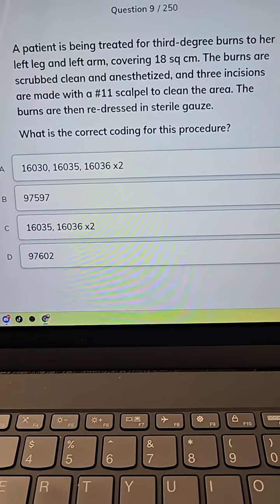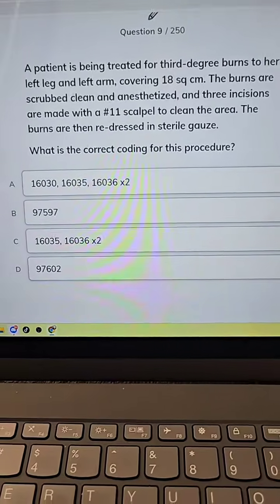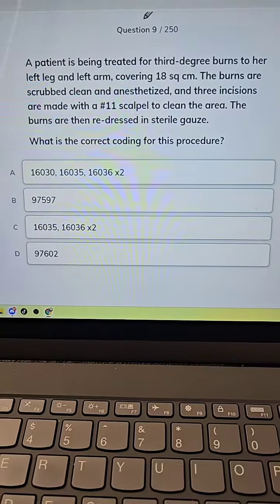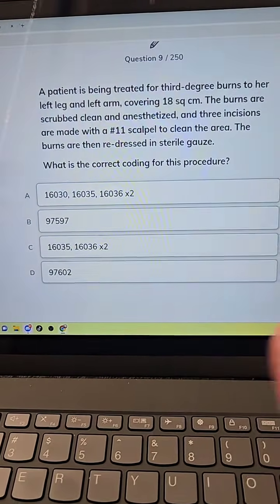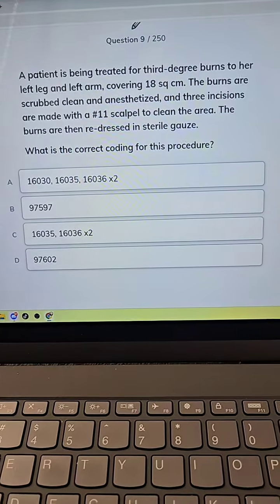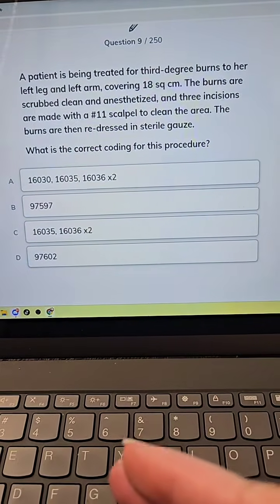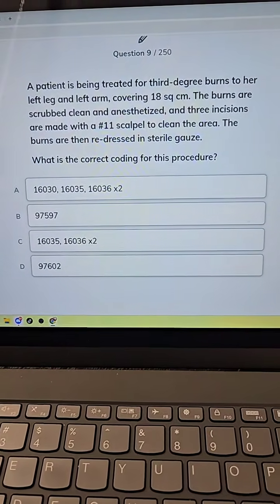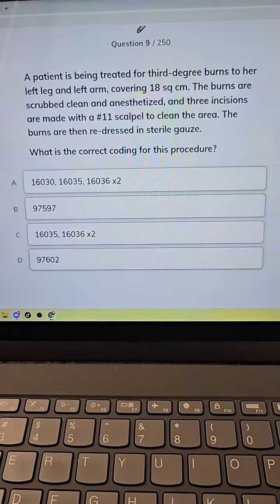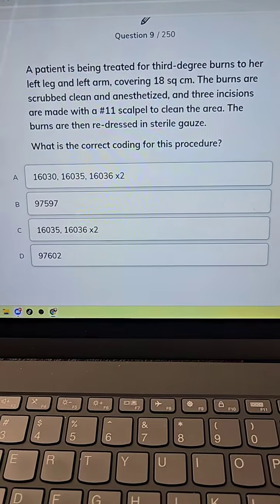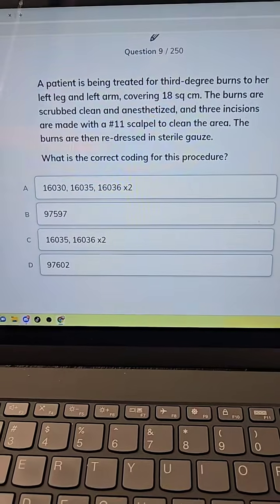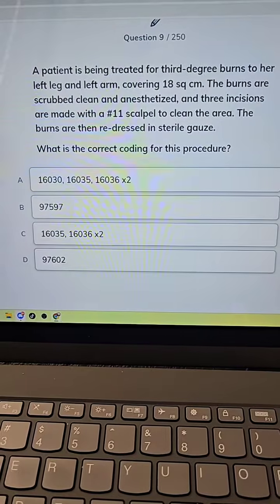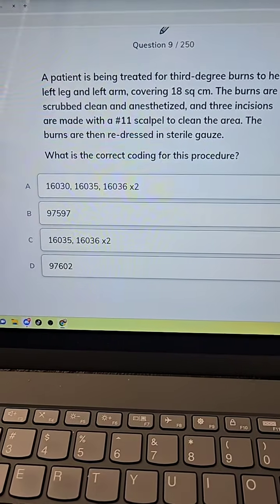What's the best way to know sequencing? You technically don't need to know it a lot for the CPC exam, except if a patient was overdosed, like with alcohol, if they did it to themselves, there's a certain sequence, whether the code for the symptom that it caused, the R code, goes first, or the external cause code goes first.